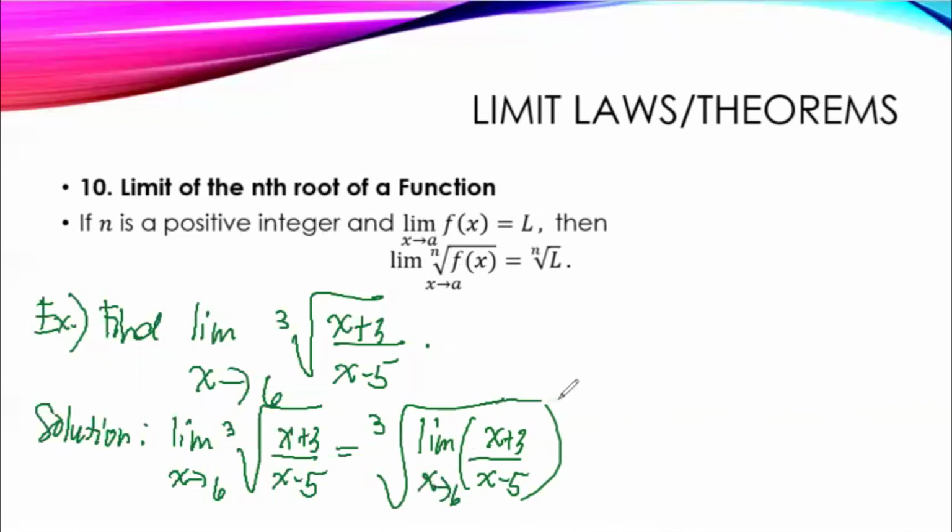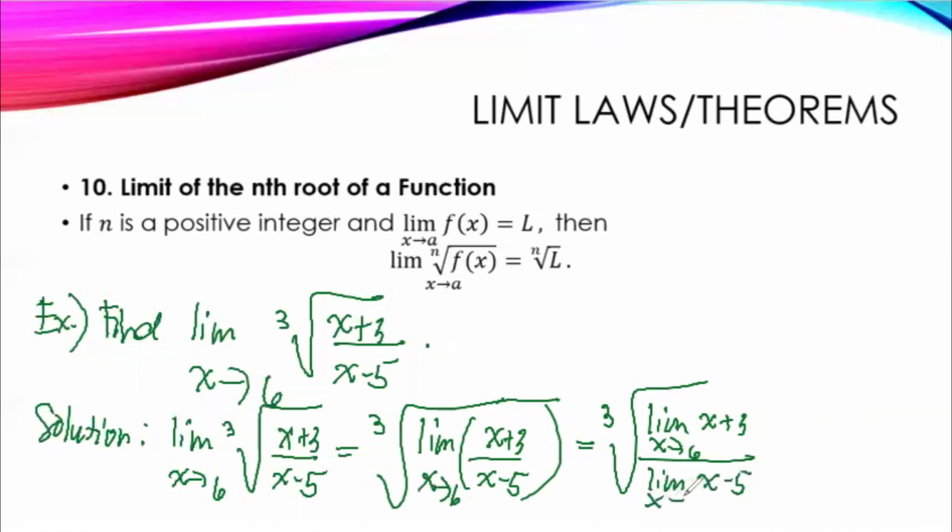Then applying the limit of the quotient of two functions, this is the cube root of the limit of the numerator as x approaches 6 over the limit of the denominator x minus 5 as x approaches 6. So this is simply equal to the cube root of 6 plus 3, which is 9, over 6 minus 5, which is 1.